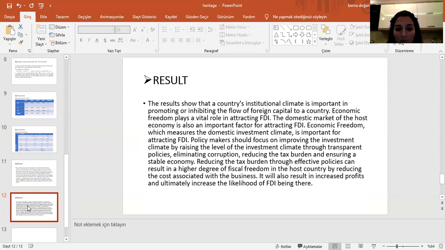Economic freedom, which measures the domestic investment climate, is important for attracting FDI. Policy makers should focus on improving the investment climate through transparent policies, eliminating corruption, reducing the tax burden, and ensuring a stable economy.